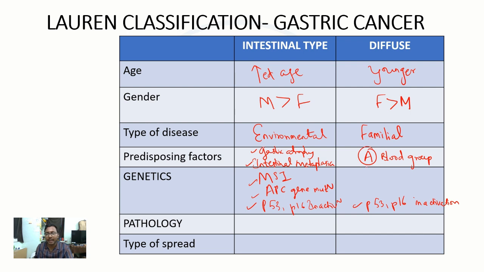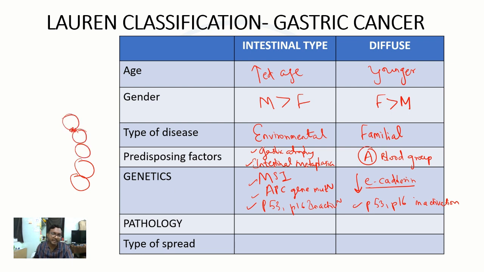Then, very important is your E cadherin. E cadherin is mutated in case of diffuse gastric cancer, which is decreased here. Now, do you know what is the function of E cadherin normally? Let's say, for example, these are all your different cells.